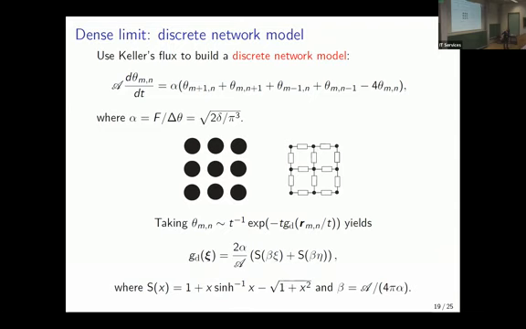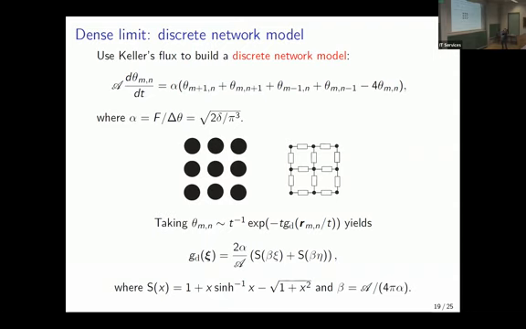And so basically you integrate over a particular cell, a cell that is, let's say, centered like that, then you assume that the concentration inside this area is nearly constant, and then you find that the evolution of the concentration here has to be equal to the 4 fluxes over here, and the 4 fluxes were given by Keller.